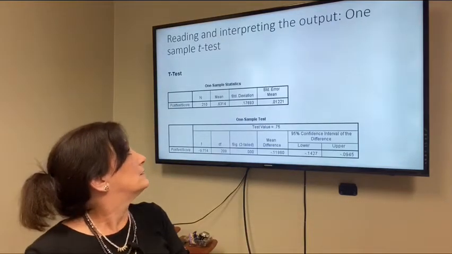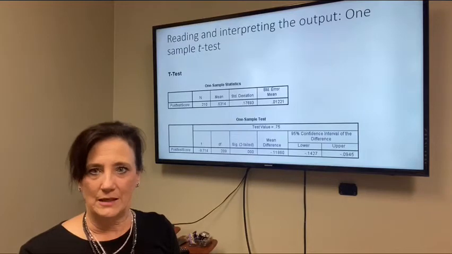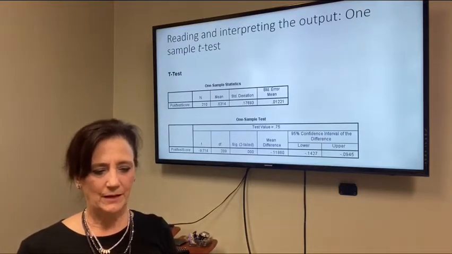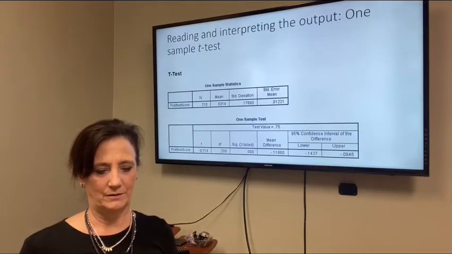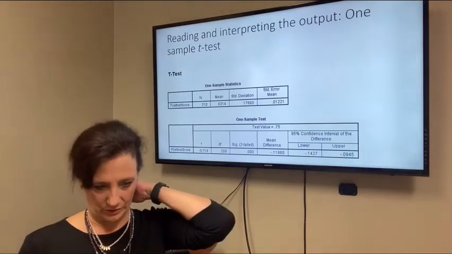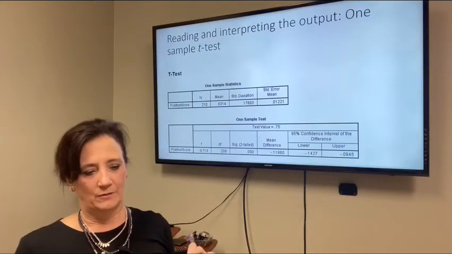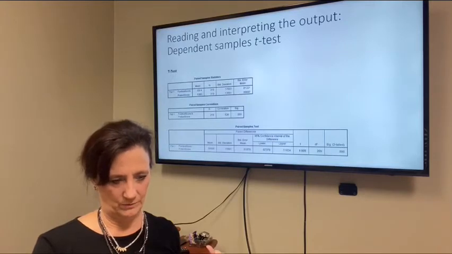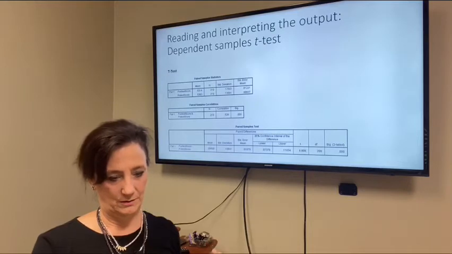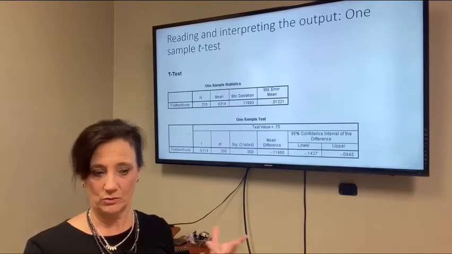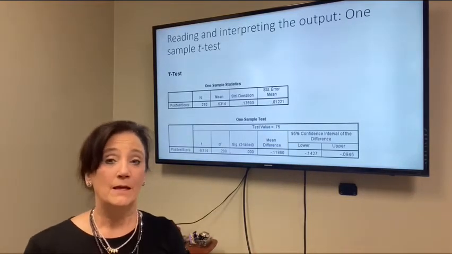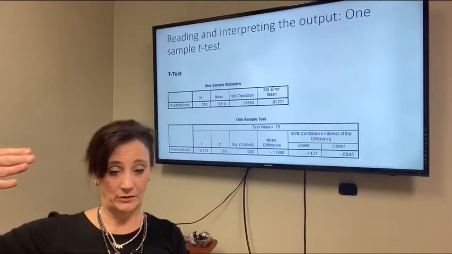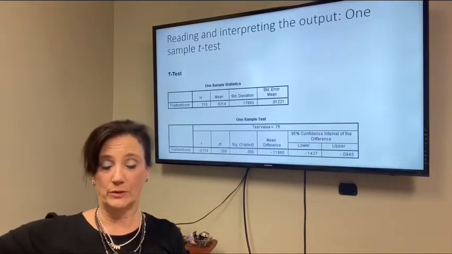All right, now we've got the one sample t-test. What we did here was we took the post-test score for this group of 0.63, and we put it against a test value for the population of 0.75.